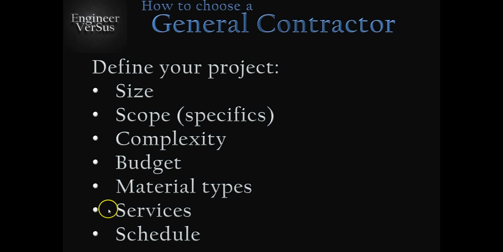The services that you want to look at with the general contractor include how you're going to use everything that they have to offer. So look at what kind of things they do and what they do not do.